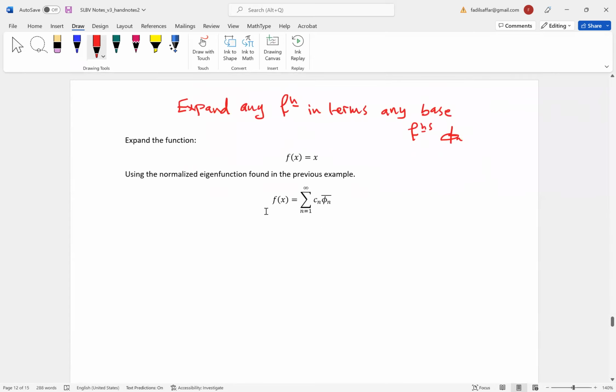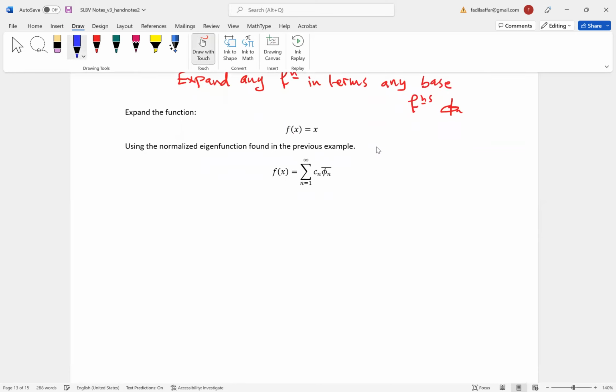And what we want to do now is expand this very simple function, f of x equal to x. We want to apply the steps that we did before to expand this function. And all it's asking here is to use the normalized eigenfunction found in the previous example to expand this one here.